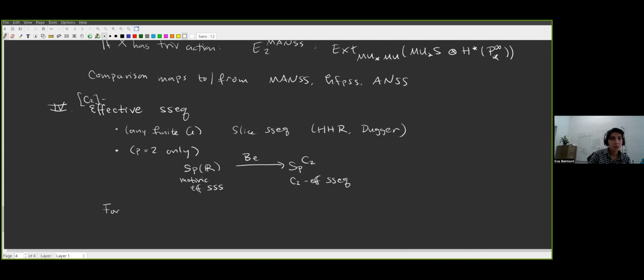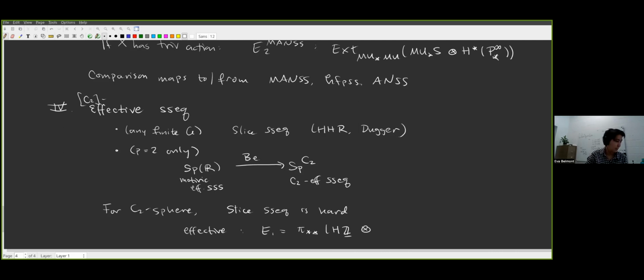So for the C2 sphere, the HHR slice spectral sequence is hard, but the effective spectral sequence has a very appealing E1 term. It just kind of looks Adams-Novikov-ish.